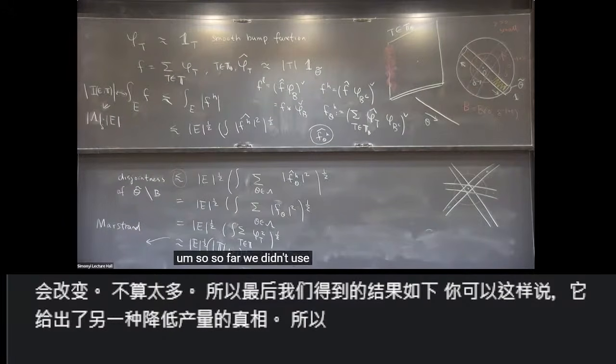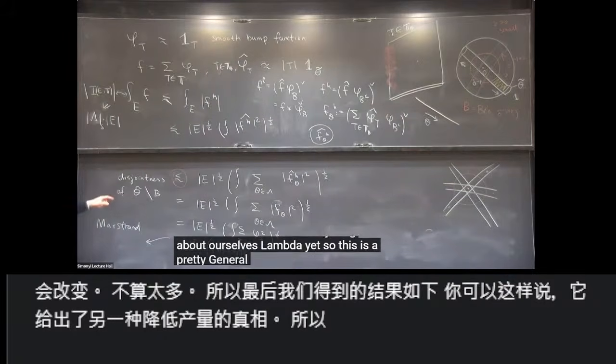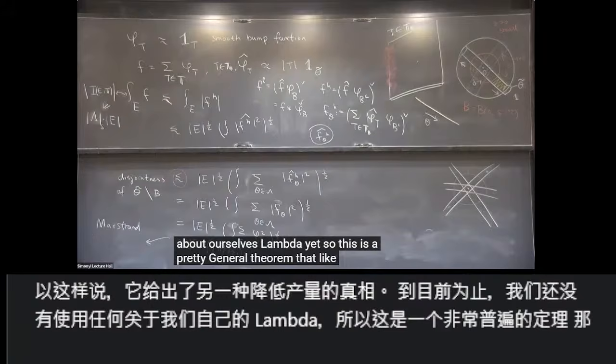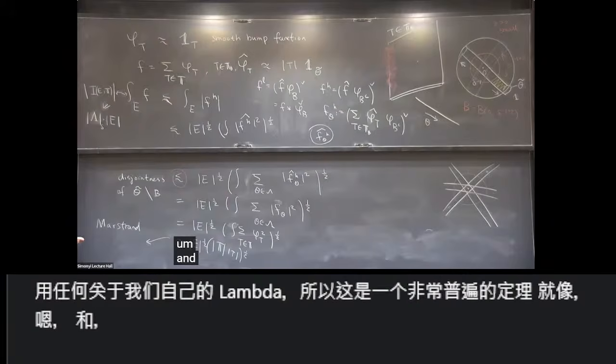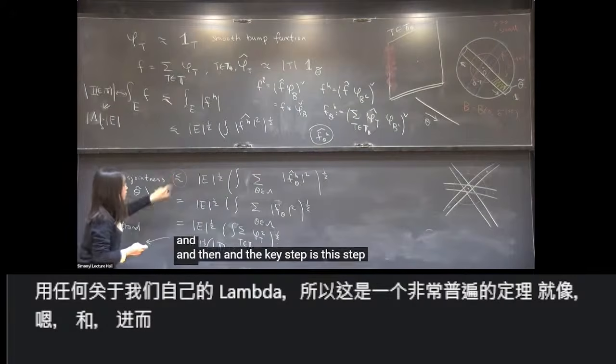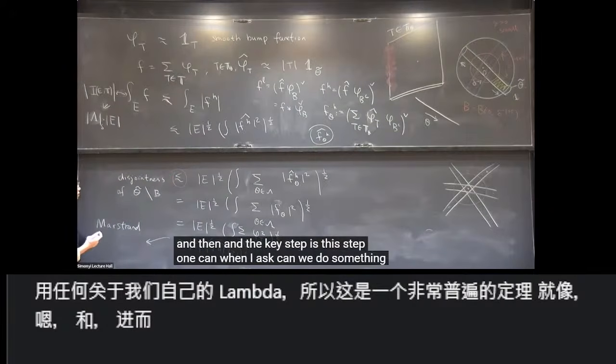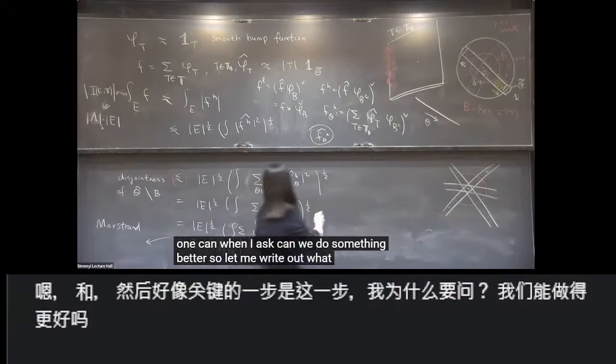So far we didn't use anything about our set lambda and E yet. So this is a pretty general theorem, and the key step is this step. One might ask, can we do something better? So let me write out what this step says.